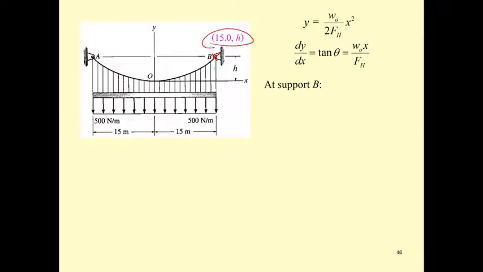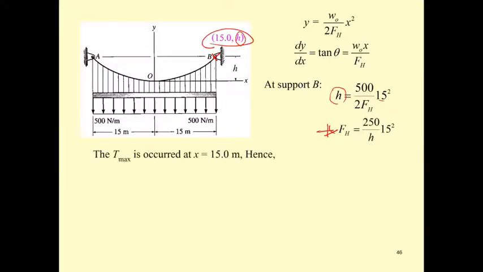So this is the coordinate of support B, and by this coordinate you just put into the cable equation, and it's going to be y, okay, this is going to be this one, and then x squared. You still know x sub h. And then the equation changes to the horizontal force equal to 250 divided by h and times 15 squared. This is the equation that determines the constant horizontal force.